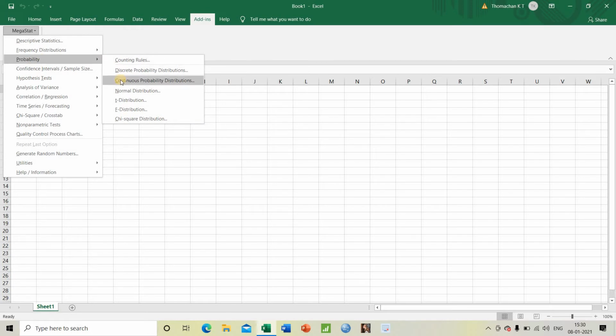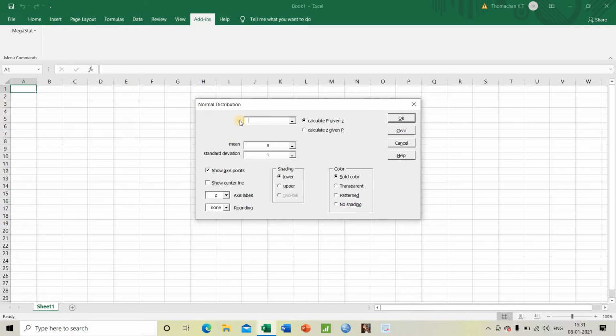As you can see, in the continuous probability distributions, we have normal distribution, T distribution, F distribution and chi-square distribution. These are the distributions used for hypothesis testing in general. Of these, we have already studied normal distribution and T distribution. So let me first consider normal distribution.